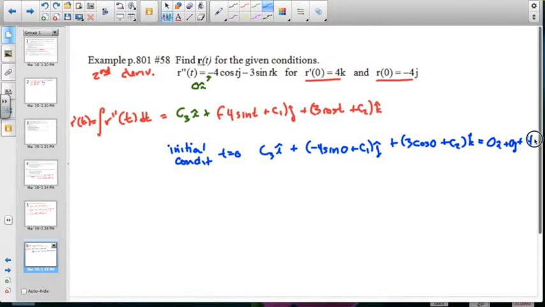That's the initial condition. And so now we have to figure out what our constants need to be in order to make 0i, 0j, and 4k.